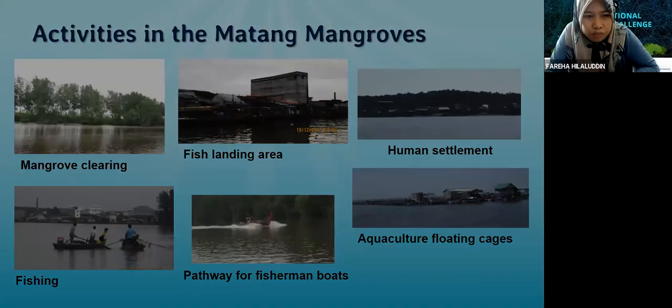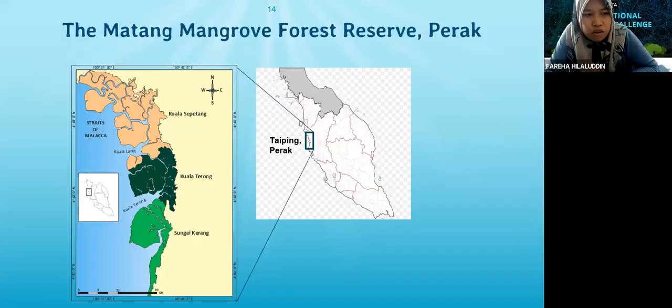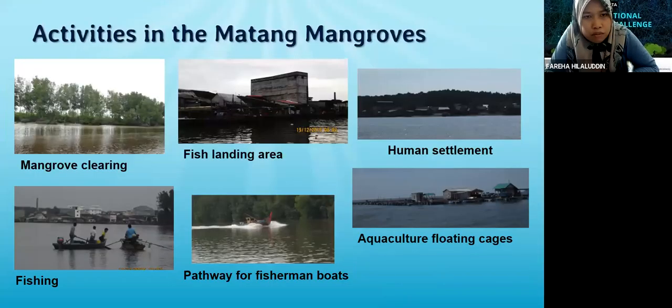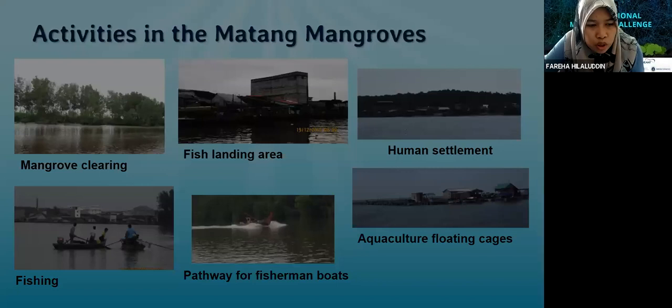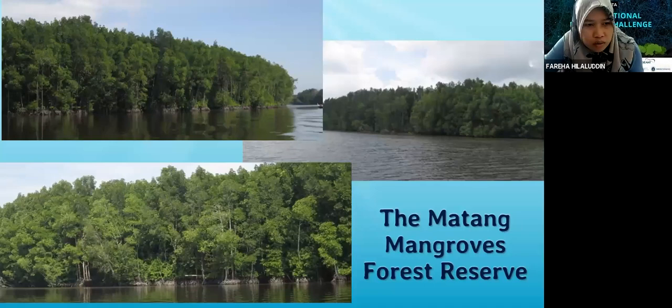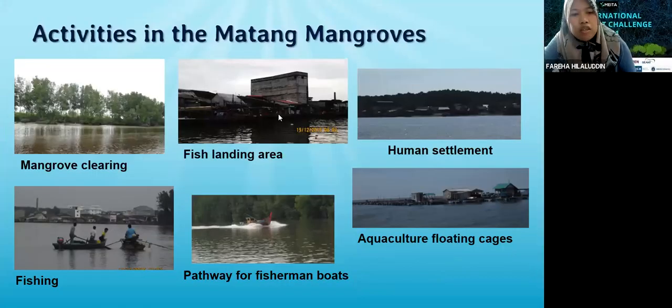So certain areas will be gazetted for mangrove clearing, for the production of mangrove. They will cut only mangrove 30 years and above in age. So some areas will be cut, some areas will be preserved.